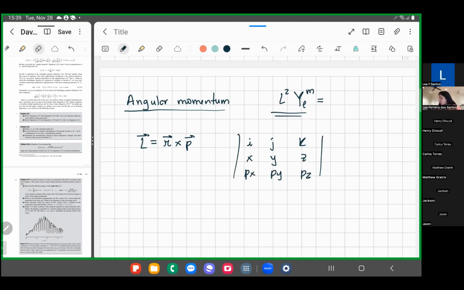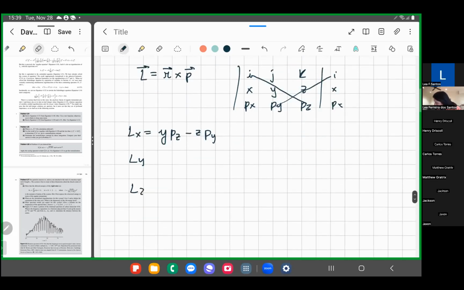For example, LX: I go with this diagonal, so it's YPZ minus this diagonal, so minus ZPY. And you can do the same to find LY and LZ.